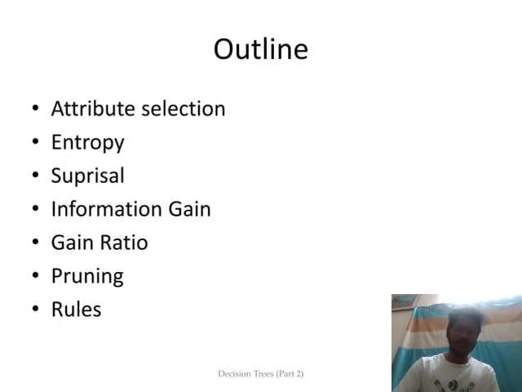Now let's see the outline or the contents which we are going to discuss in the topic.